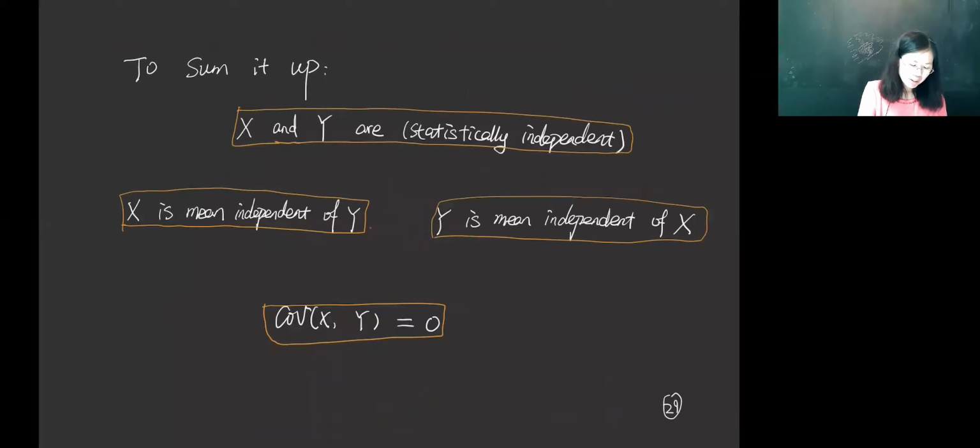To sum it up, statistical independence is the strongest concept. It implies mean independence in both directions. It implies that x is mean independent of y and y is mean independent of x. Mean independence is stronger than 0 correlation. So each of these mean independence concepts will imply 0 correlation between the two random variables.